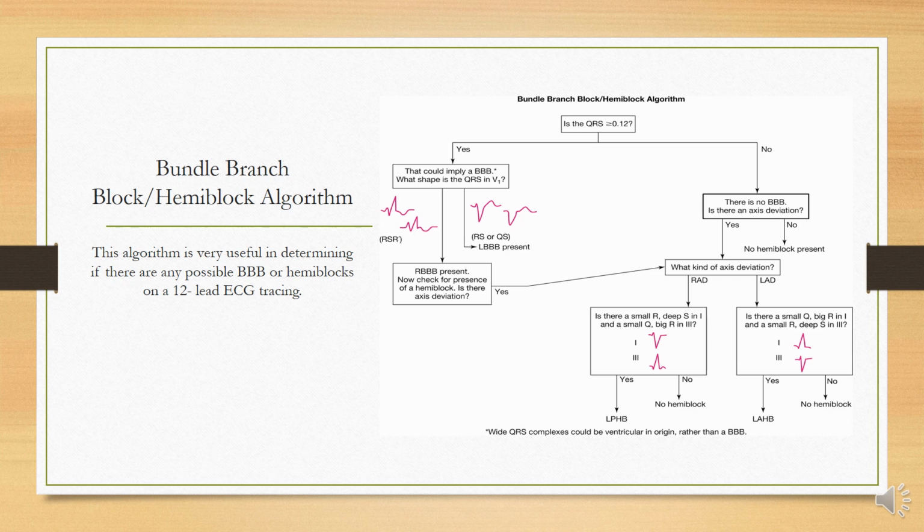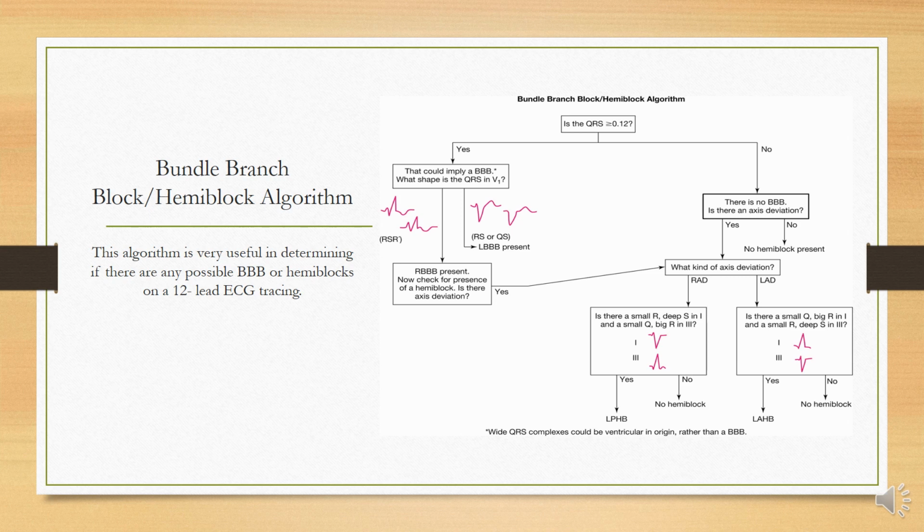Next, whenever we see a right bundle branch block, remember, it's also associated with a hemi block. So now we have to determine if it's a RAD or a LAD, which is a right axis deviation or a left axis deviation. If it's a right and it fits these criteria in these 1 and 3, then we have a left posterior hemi block.